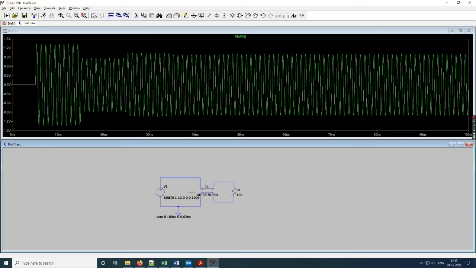Now once it starts traveling, it will take another 5 nanoseconds to travel back and hit the source. When the backward wave comes back to the source, what will happen? The impedance of the source is 0. So this whole wave will be reflected back and it will take another 5 nanoseconds to come to the load.